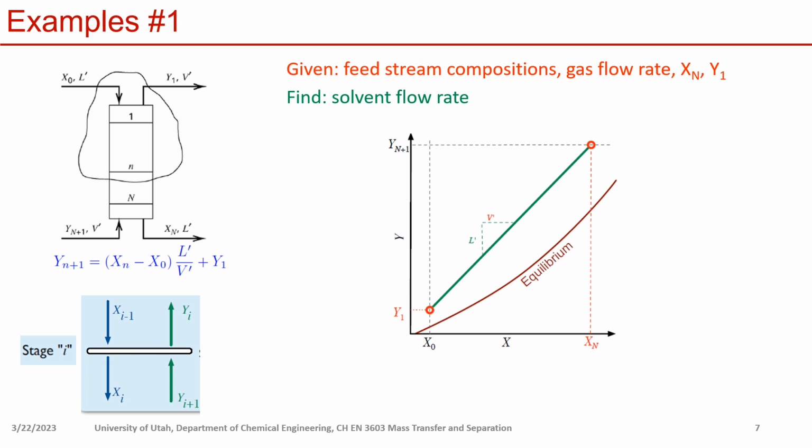This point and that point. If you connect these two points, that gives you a straight line whose slope can be measured. And we know that the slope is the ratio of L prime over V prime, right? V prime is known, and you can just solve for L prime. Okay, that's one case.